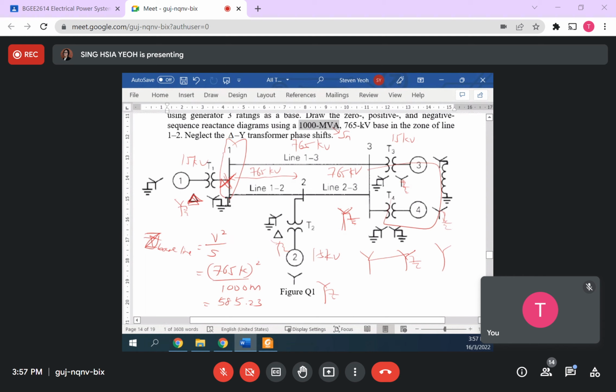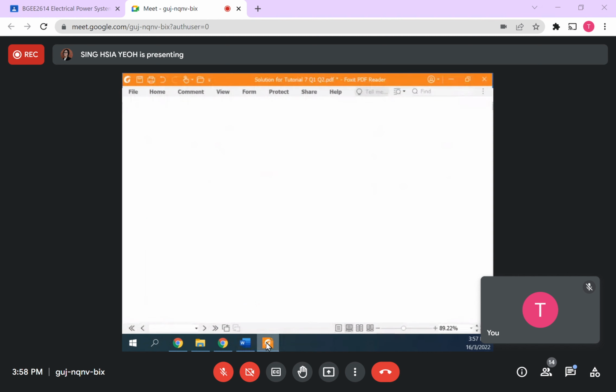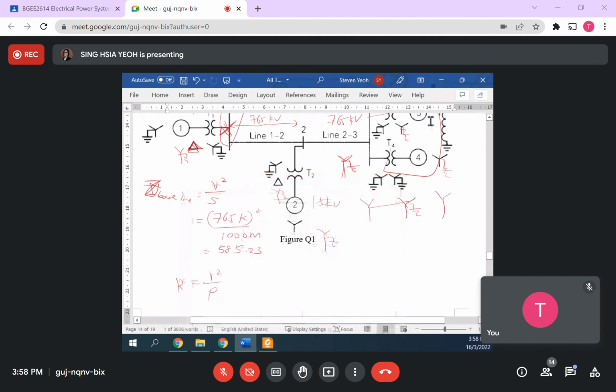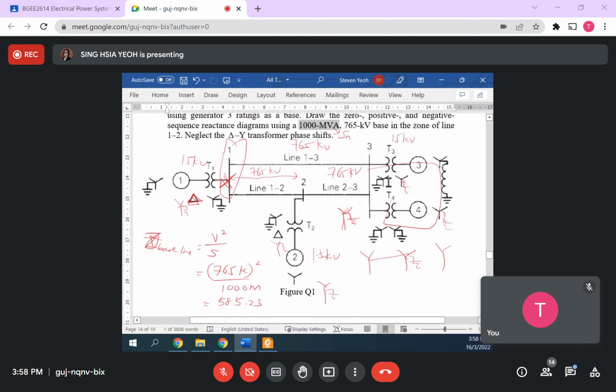Here you have the transformer, then straight to ground. So you only have T1 and T2. This part is missing because, as I said, of Y ground and not grounded. One of them is not grounded, then all gone.